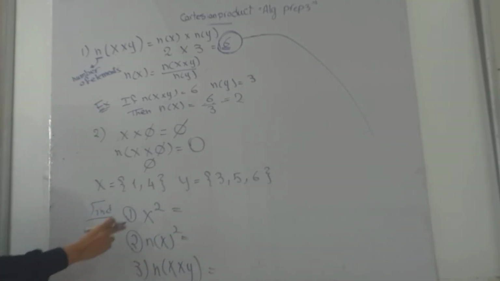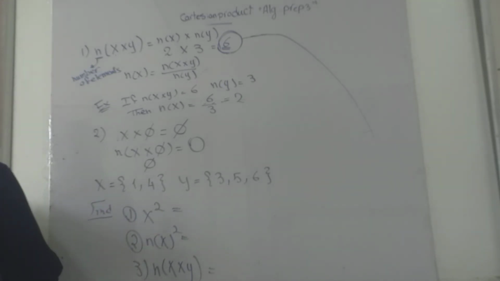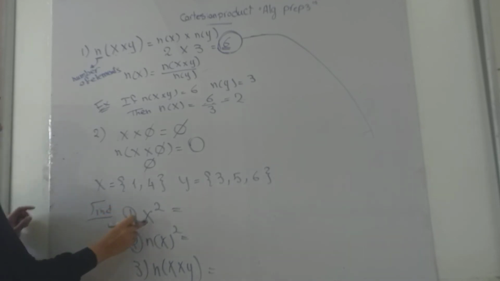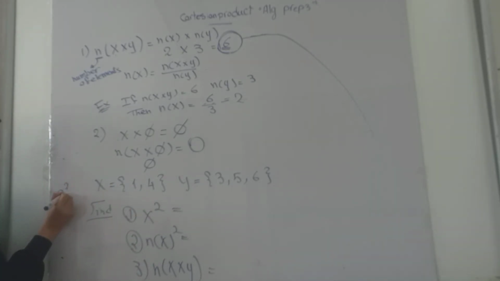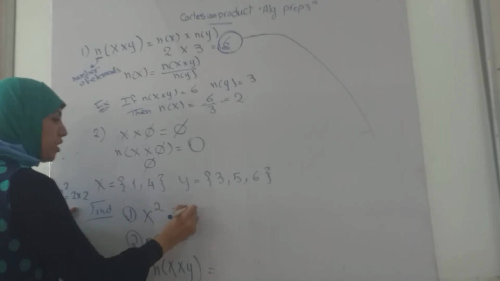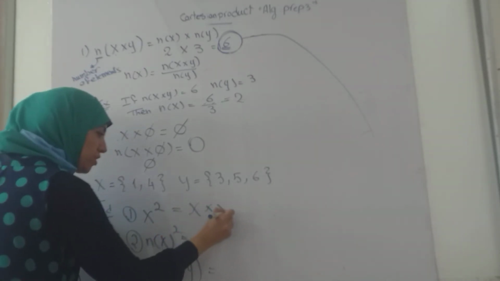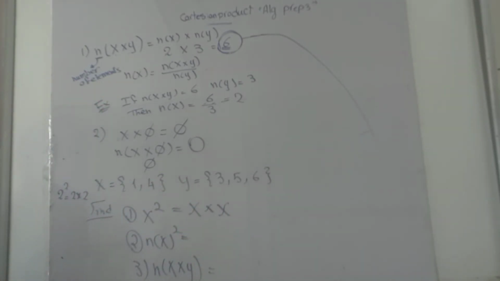Let's take the first question. x power 2. What's the meaning of x power 2? Like 2 power 2. What is the meaning of 2 power 2? 2 power 2 means 2 multiply 2. So x power 2 means x multiply x, or x times x.